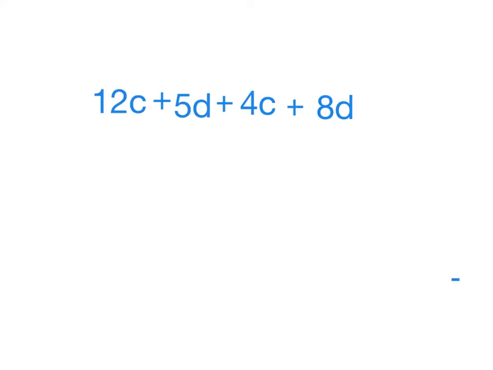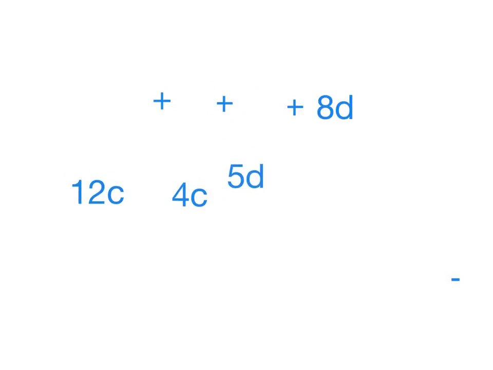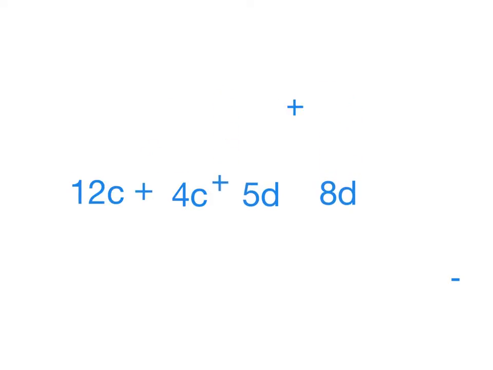Another quick example, 4 terms. That has a c as a variable, that has a d as a variable, that again has a c as a variable, that has a d as a variable. Well, let's just rearrange them. That has a c, and that has a c, that has a d, and that has a d. I made this example fairly simple by making all of it addition, not including any negatives.